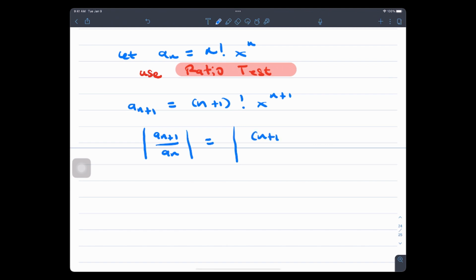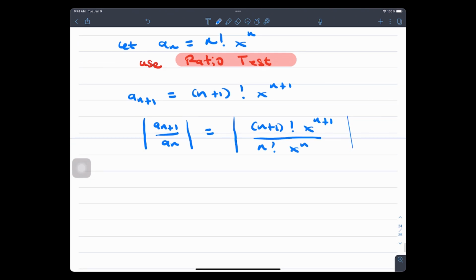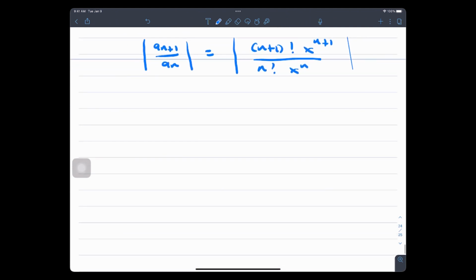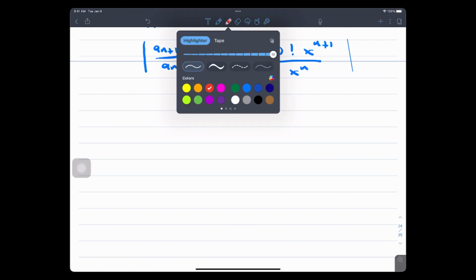and that'll be (n plus 1) factorial x to the n plus 1 over n factorial x to the n. So this is the ratio test. Now, remember, what do you want to use here to simplify what's under the radical?